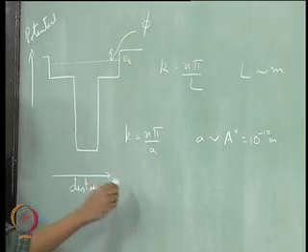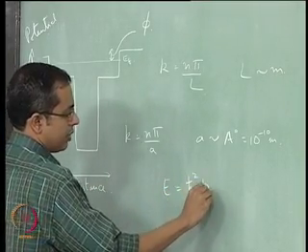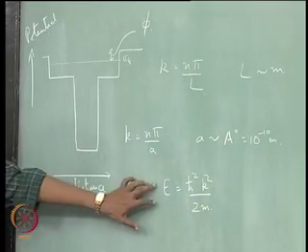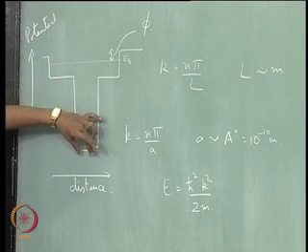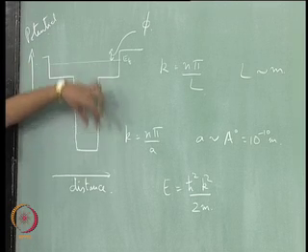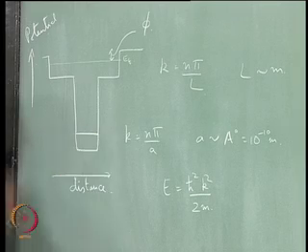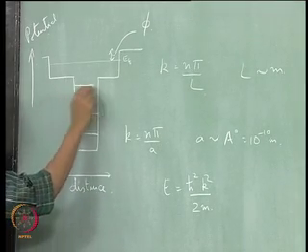The allowed energy levels, which are all E equals h bar square k square by 2m, are very widely spaced for electrons that are bound within this narrow region. So you will see one allowed energy level here, the next allowed energy level will be somewhere there, and so on.